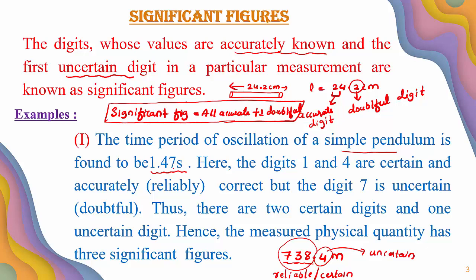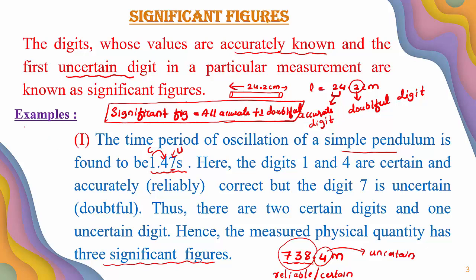But the last digit 7 is the uncertain, doubtful digit. Thus, there are 2 certain digits and 1 uncertain digit. Hence, the measured physical quantity has totally 3 significant figures.